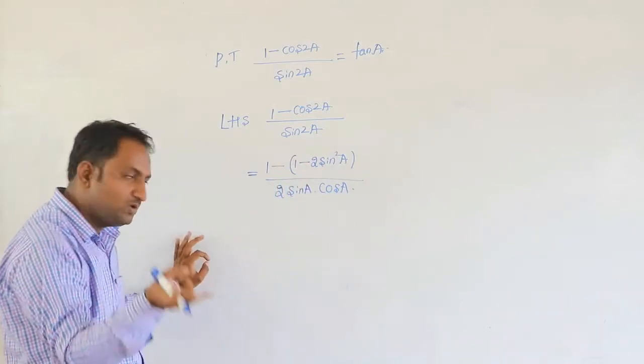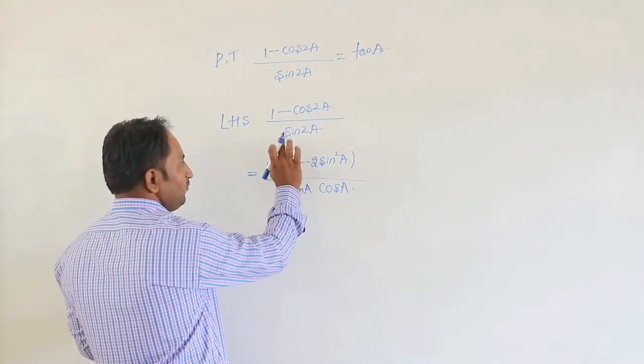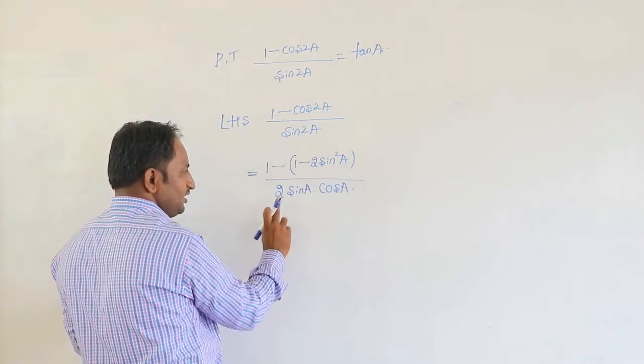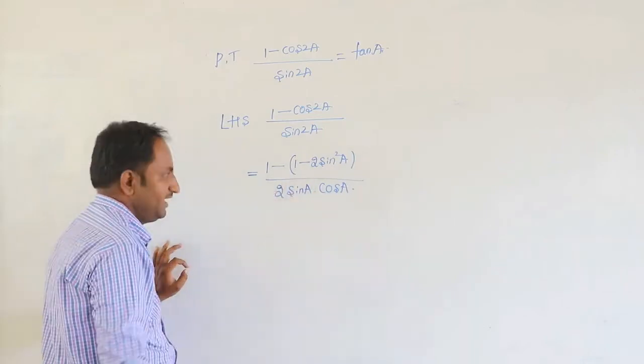1 minus 2 sin square a divided by, we know that the formula sin of 2a is 2 sin a cos a.